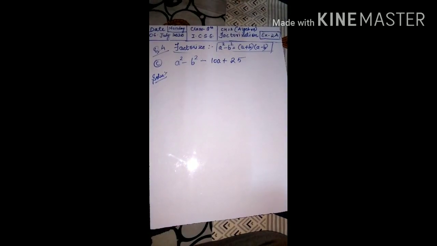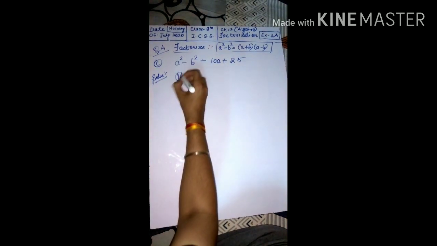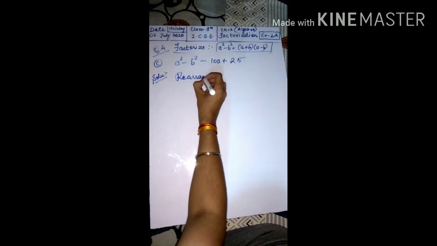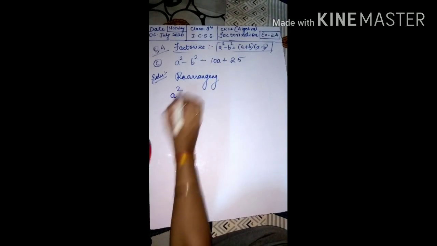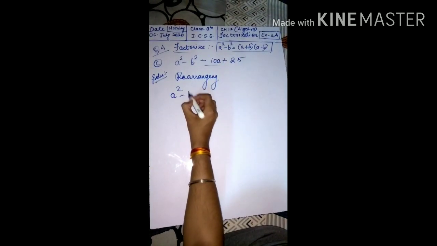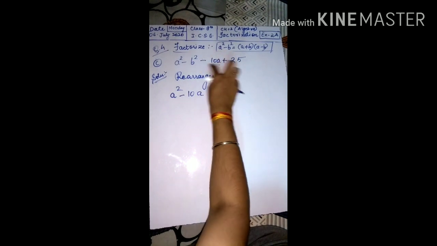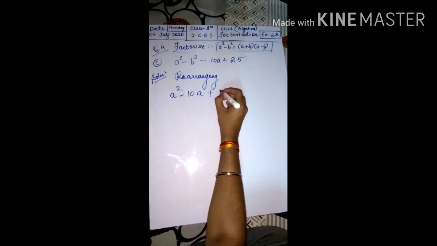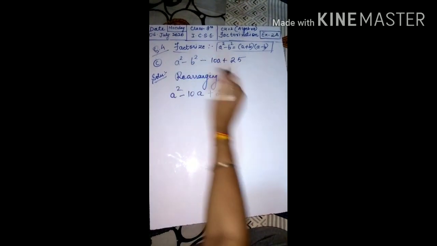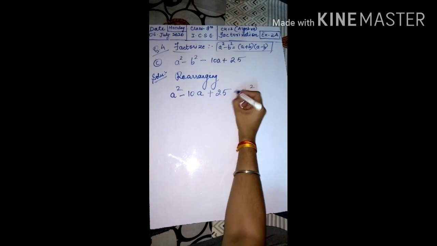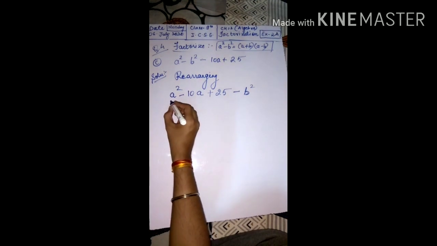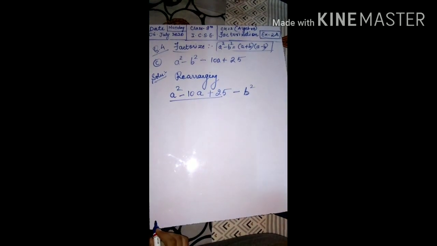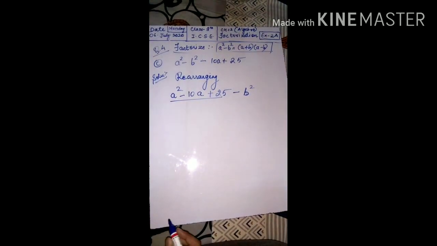Okay, what we are going to do? See, I'm rearranging. How am I rearranging this? See, a square, this minus 10a I'm taking near, and this 25 here, and this minus of b square. Now as you see, this is an identity of a minus b the whole square.